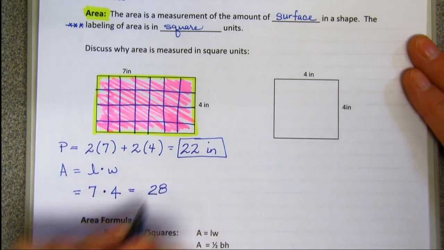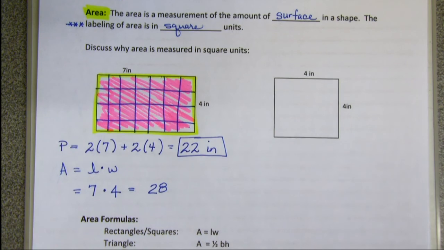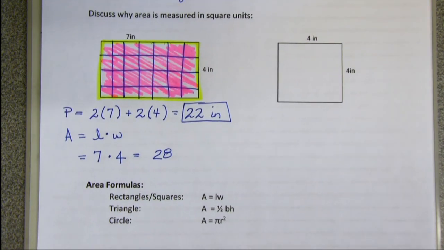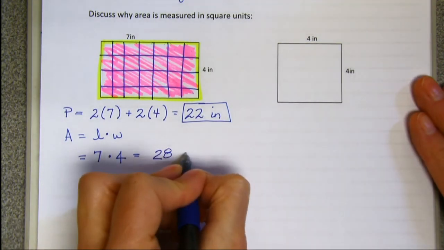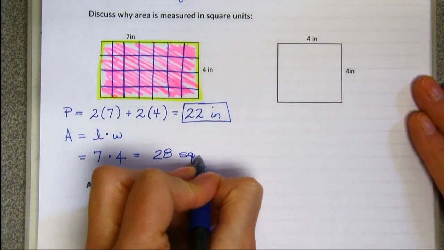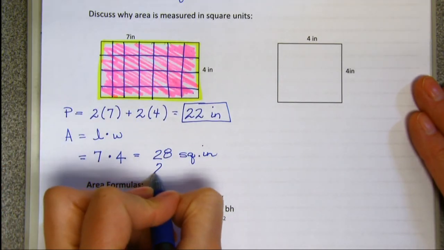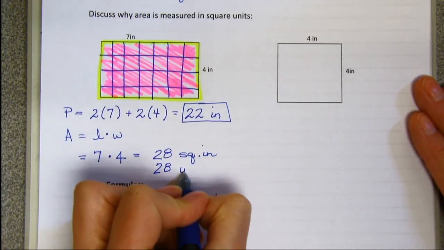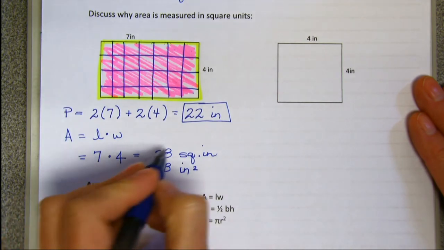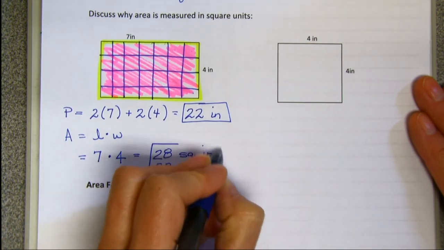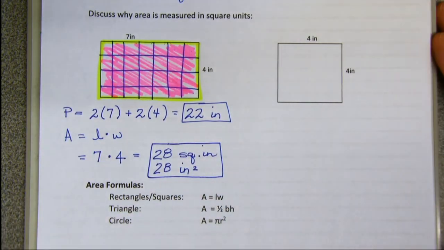So 28 is the correct number, but a lot of my students will then label it 28 inches, and that is incorrect. It is 28 square inches because there are 28 squares. You can also write it this way: inches squared means the same thing as squared inches.